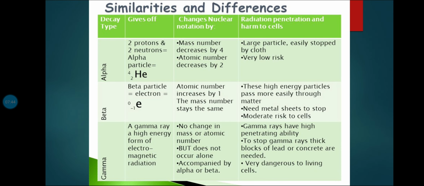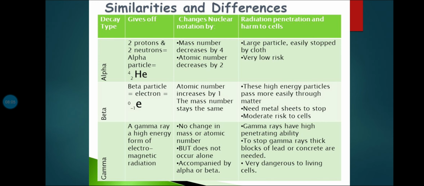The similarities and the changes that take place during the emission of alpha, beta, and gamma particles. The first type is alpha decay, which we can also call alpha particle emission or alpha ray emission.